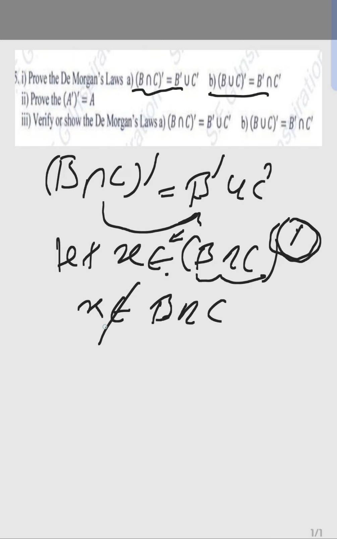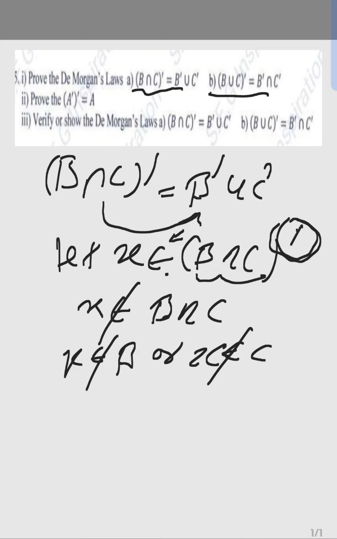Now guys, what does this mean? If X is not a member of B intersection C, it means X is not a member of B, or X is not a member of C. I know intersection means and, isn't it? Now since we have the not a member of symbol here, we're going to use or, not and.